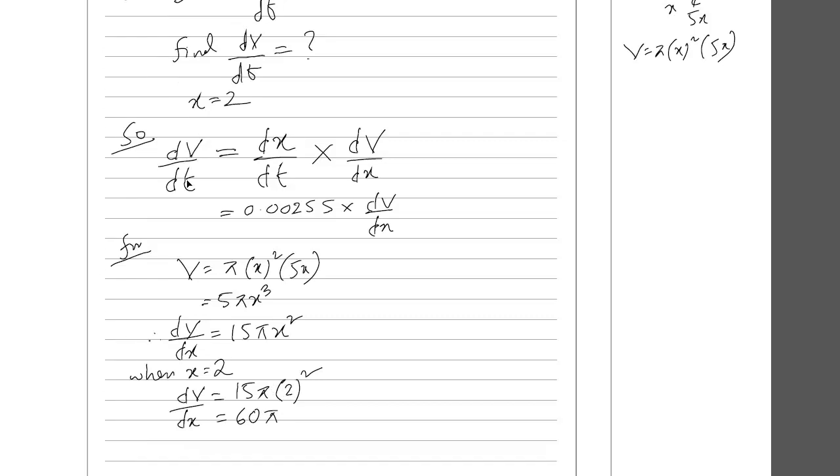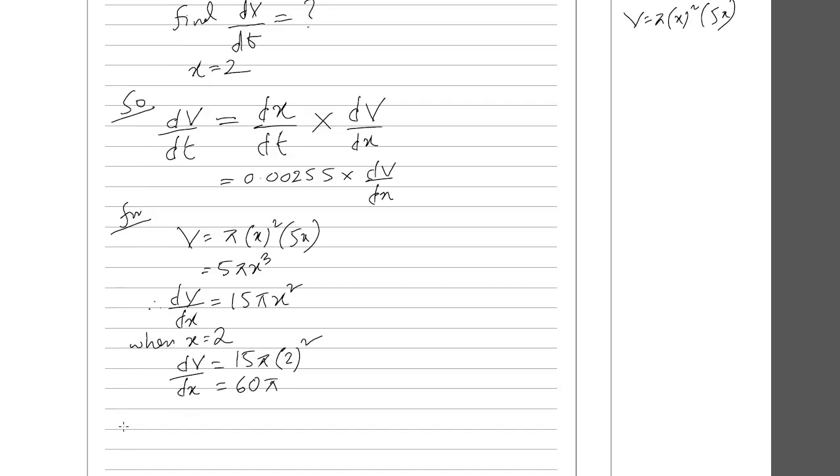Now if you get back to the original rate of change or chain rule, dV by dt equals 0.00255 into, now we need dV by dx. We don't need the reciprocal anymore. We need directly this. So 60 pi.